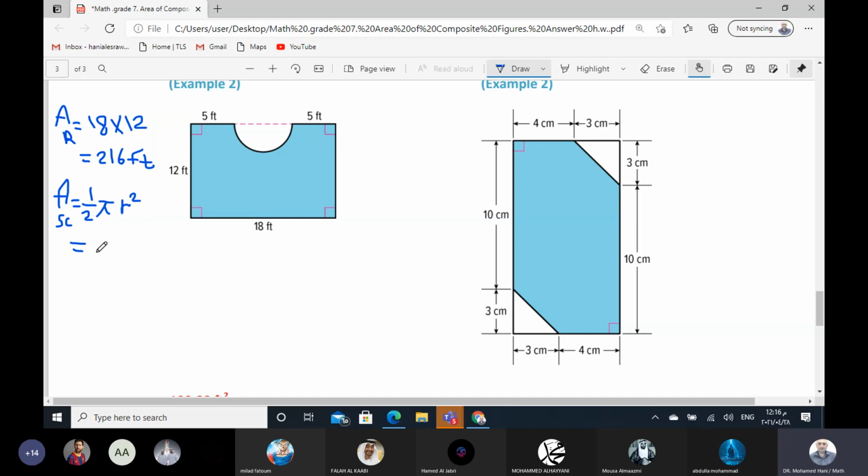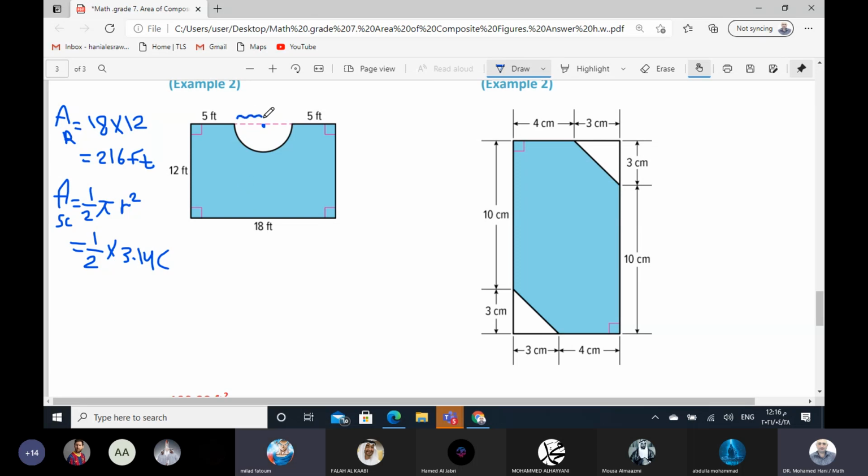So 1 over 2 multiplied by the pi will be 3.14 times r squared. Who can tell me what is the r in the semicircle here? This is the center. 8, Mr. 8. Why 8?